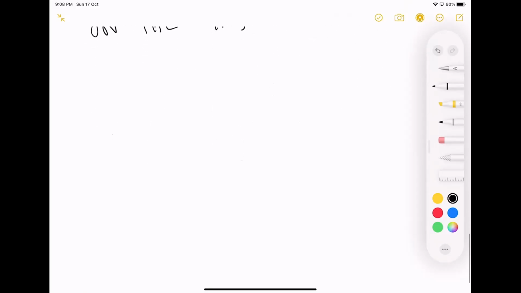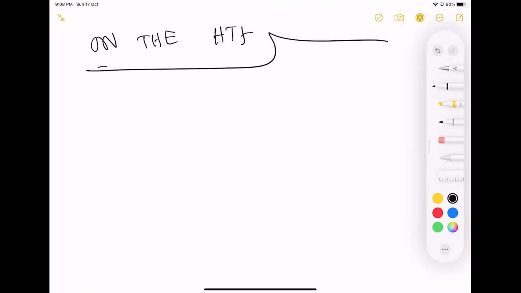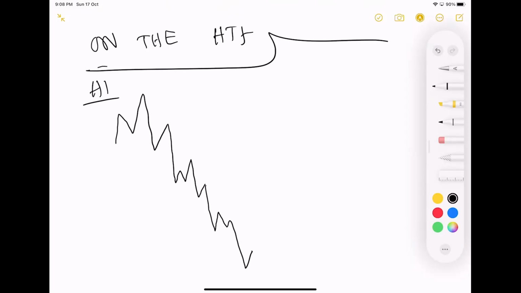Okay, now what do I mean by this? Now look at this. Let's assume that on the 1 hour chart, you have something like this. So we have this. Now look, we can see that we have a dealing range high over here. So let's use different colors.